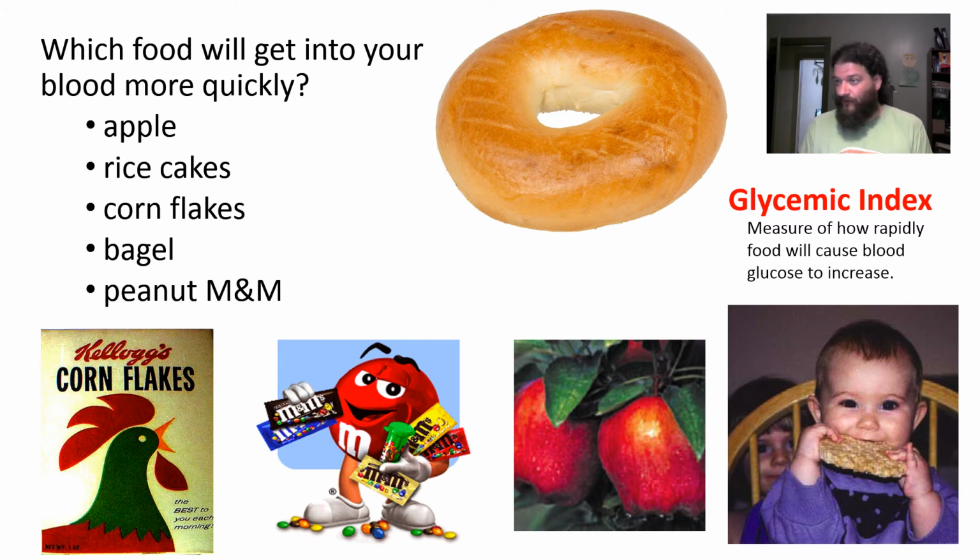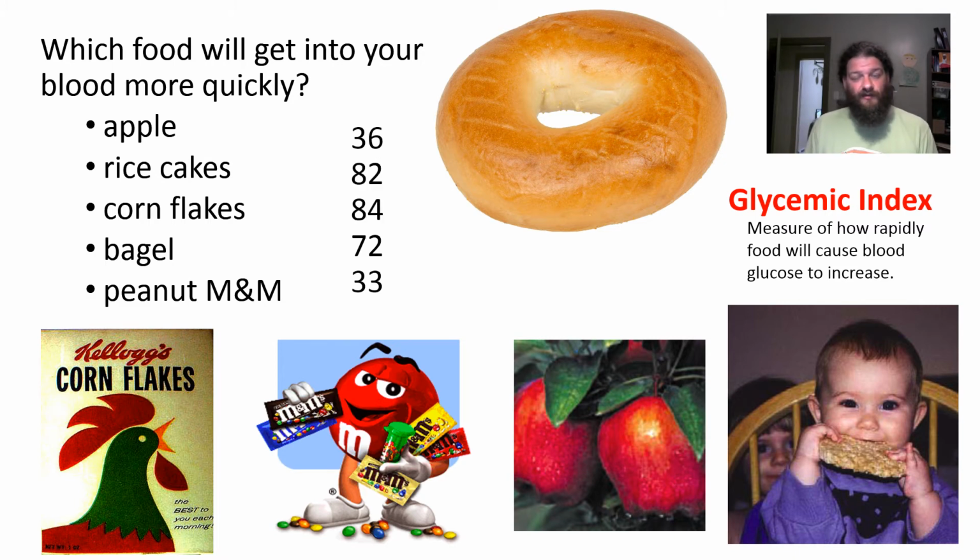So of all these different compounds, these different foods, these different fuels, which one's going to raise your blood sugar the most? Well, peanut M&Ms, candy, which you might think, oh wow, that's going to raise it quickly, has one of the lower glycemic indexes. Natural fruits also pretty good as far as keeping your blood sugar relatively low.